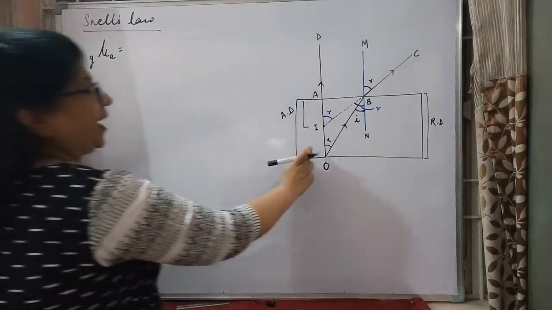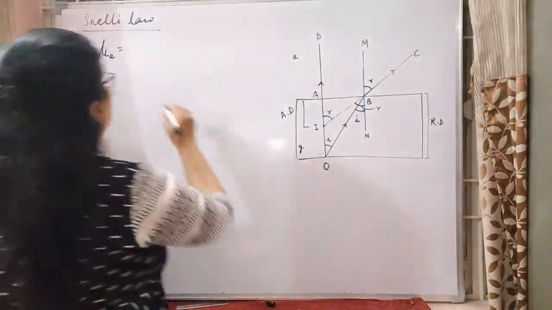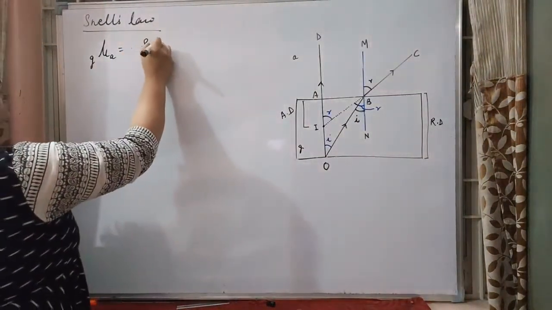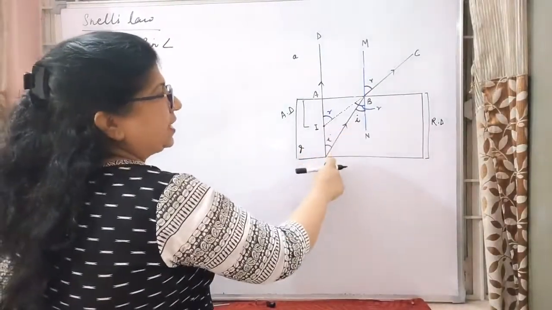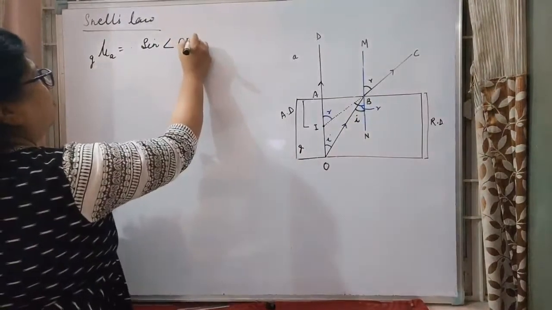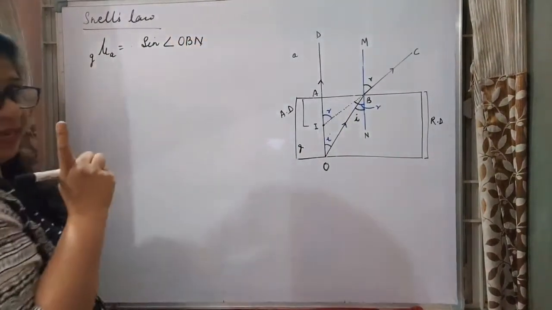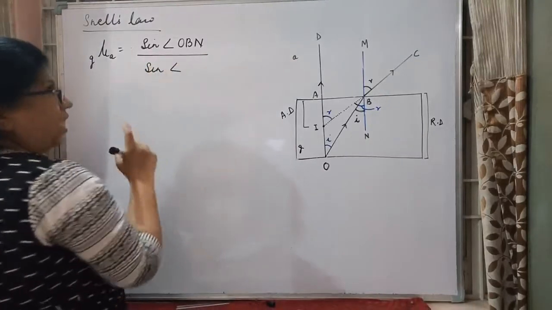Why? Because the ray is going from here to here. This is air, this is glass. It will be equal to sin I. Sin I is this angle. Which angle? OBN. Sin OBN. Please listen very carefully. Upon sin R.